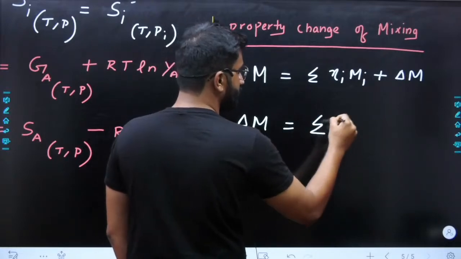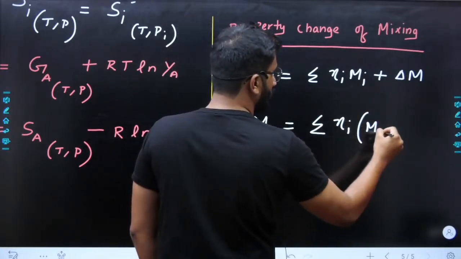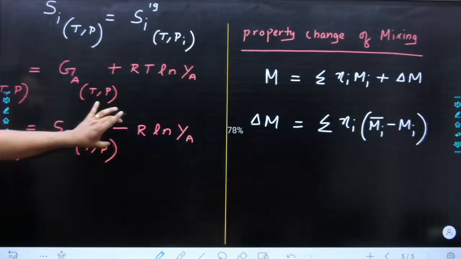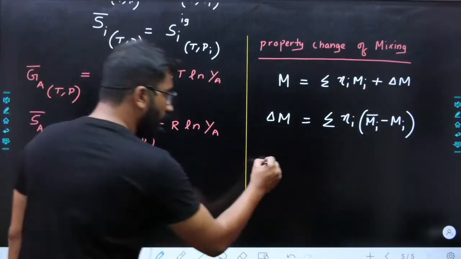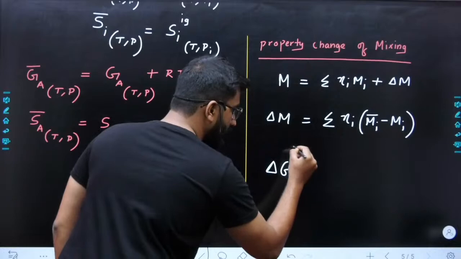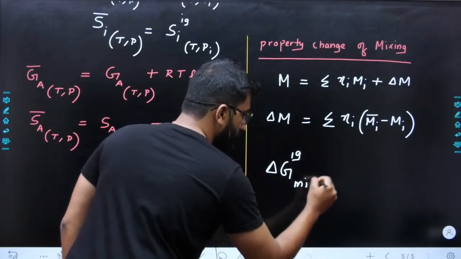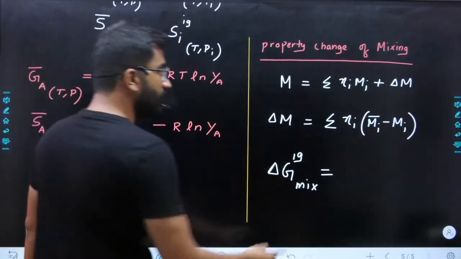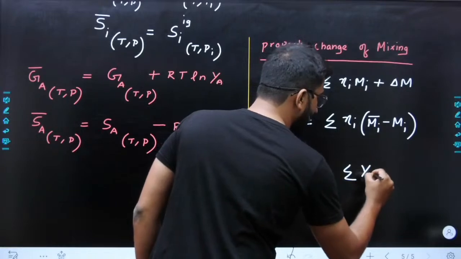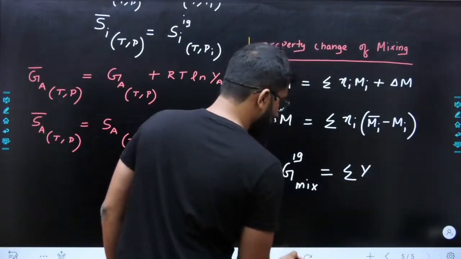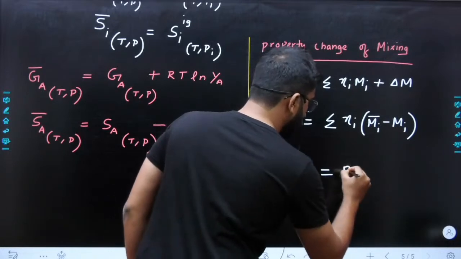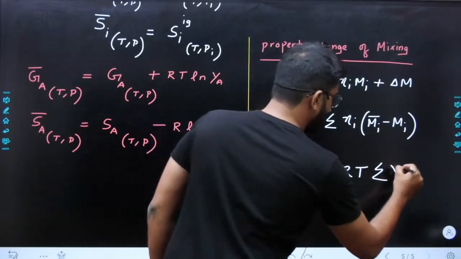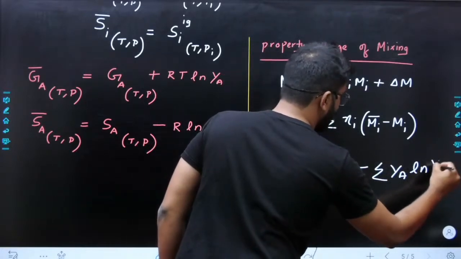Delta m can be written as sigma xi into (mi bar minus mi). So from this equation you can see, if you want to write delta G ideal mixing, these two will be subtracted, so your equation will be equal to RT into sigma Ya into ln Ya.